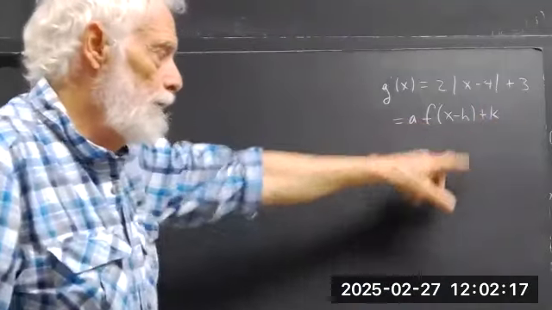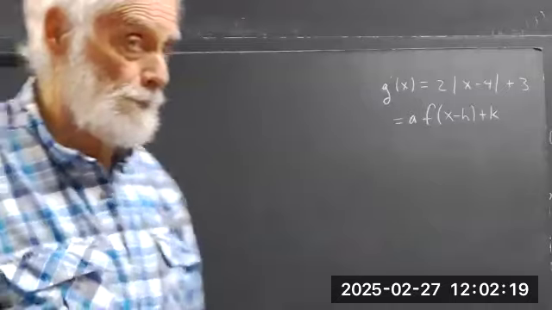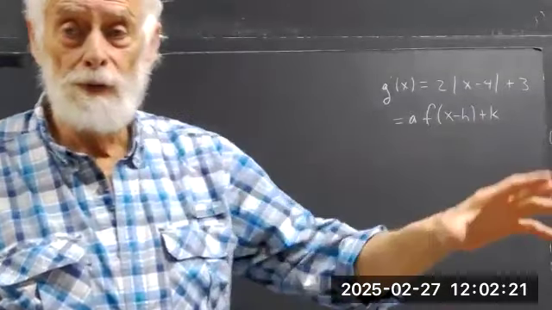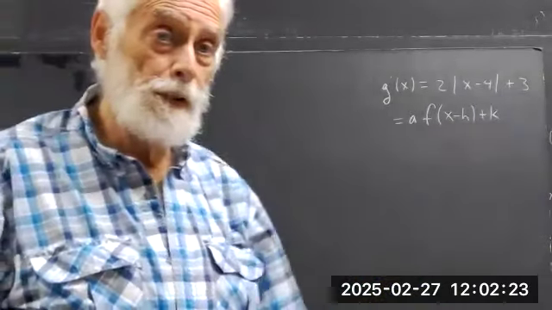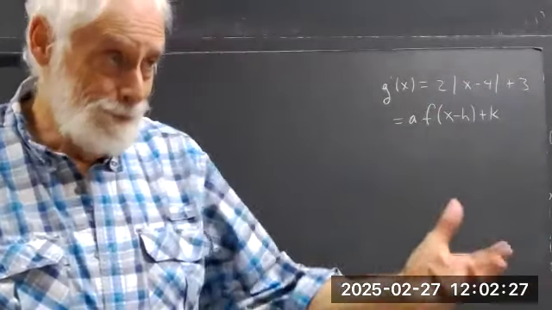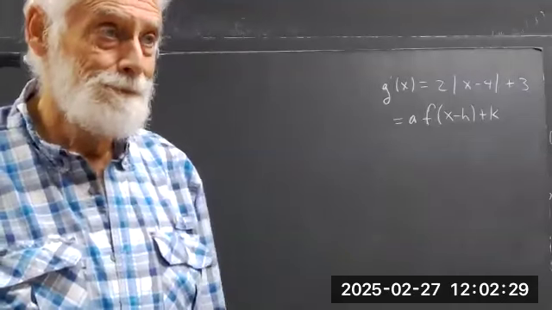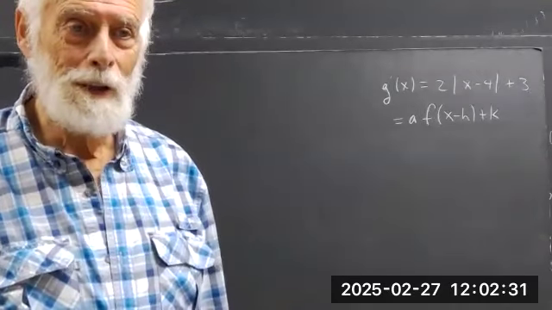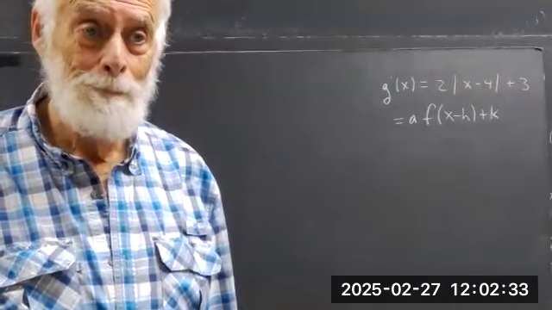And the form a f of x minus h plus k. In this whole transformation scheme, the notation a f of x minus h plus k is something you've got to be up on. It's going to appear on the test.